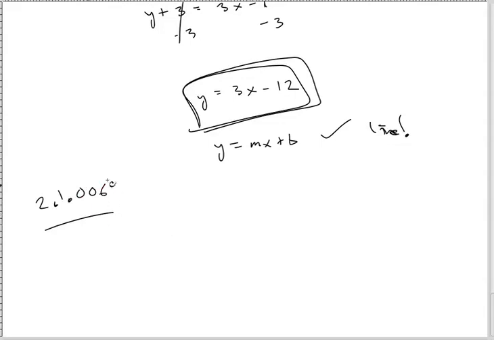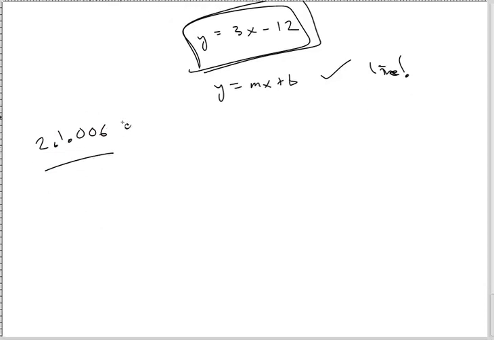21006. Again, not number 6 on your homework. I don't know what number this is. It might be number 3. It might be whatever. I don't know. But this is the 006 identification number. It says that we have a velocity of a rock. A rock is 14 meters per second. There we go.